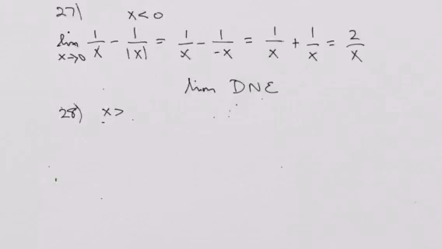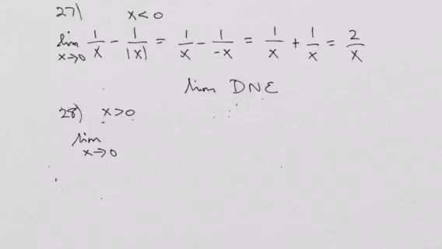This is in the case where x is greater than 0. Now the absolute value makes no difference because x is greater than 0. So we can just forget about it. Now we're looking at the limit as x goes to 0.